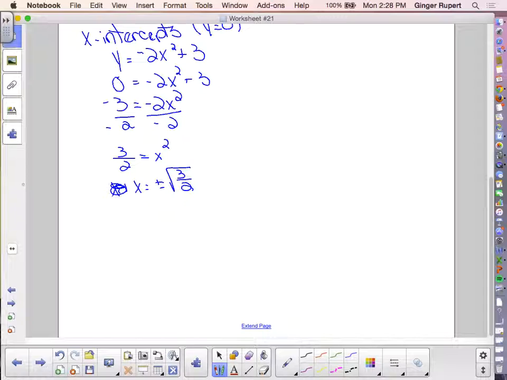So we can kind of graph that. Remember we have to rationalize the denominator. We haven't done a lot of that. But that would be, I have plus or minus the square root of 3 over the square root of 2. So I'm going to multiply numerator and denominator by root 2. That's going to give me plus or minus the square root of 6 over 2. So those will be my x-intercepts.